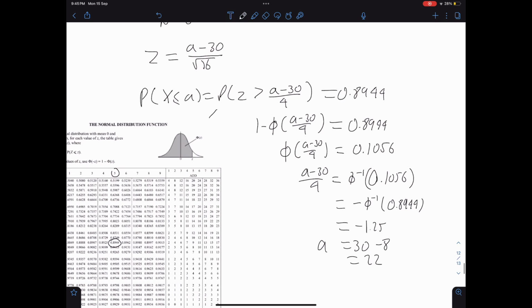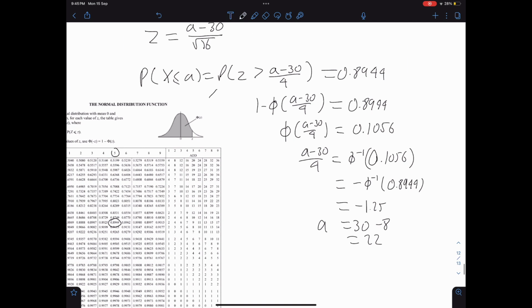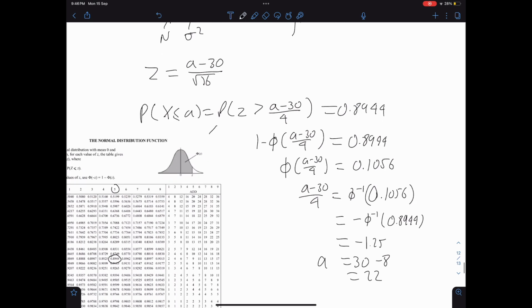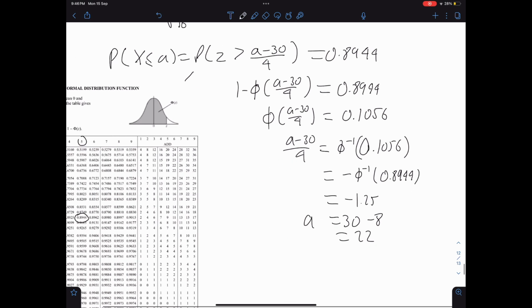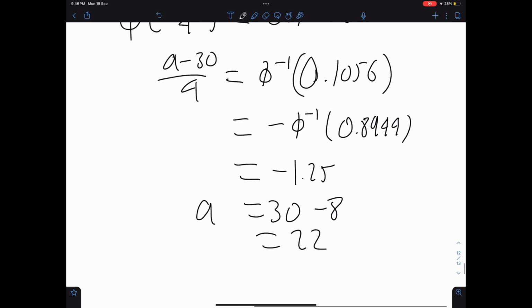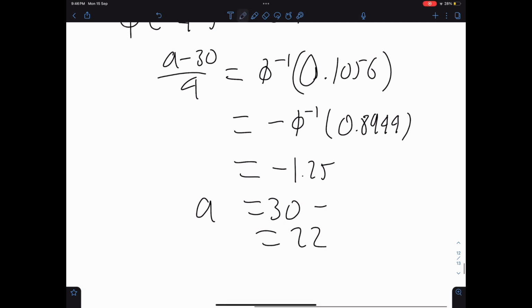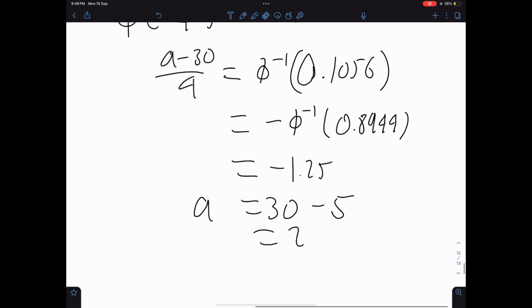I'm sure you can tell by now, but I seem to struggle with basic arithmetic. Oh, hang on, when I did that earlier, that's not 30 minus 8, that's 30 minus 5, sorry. That's 25.